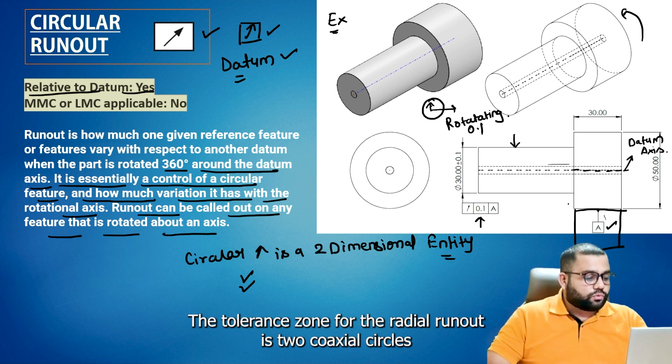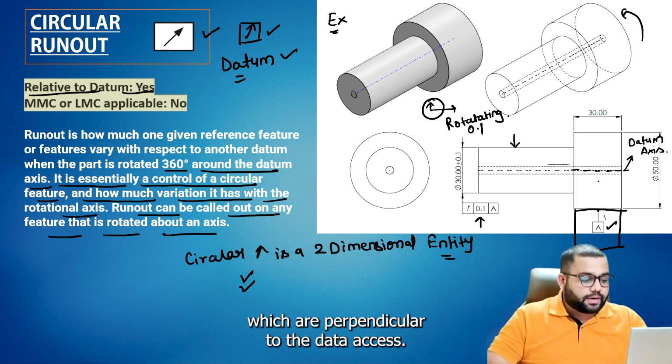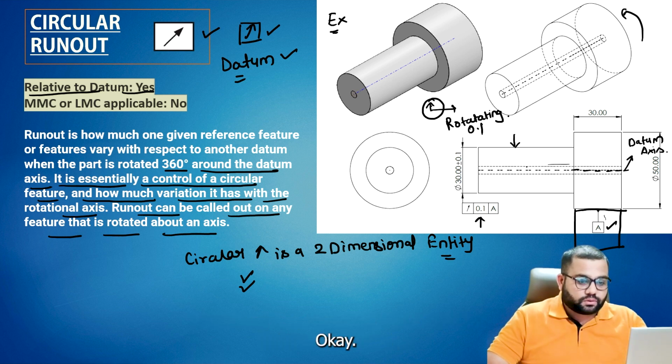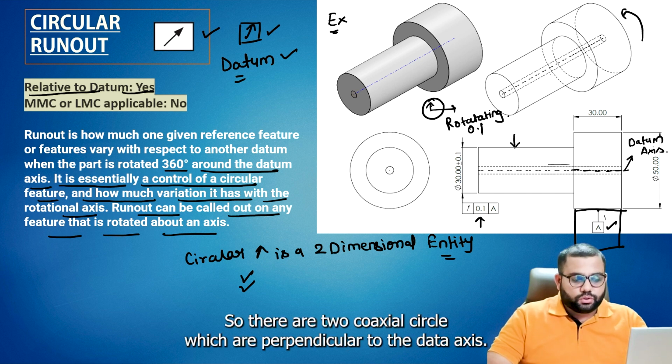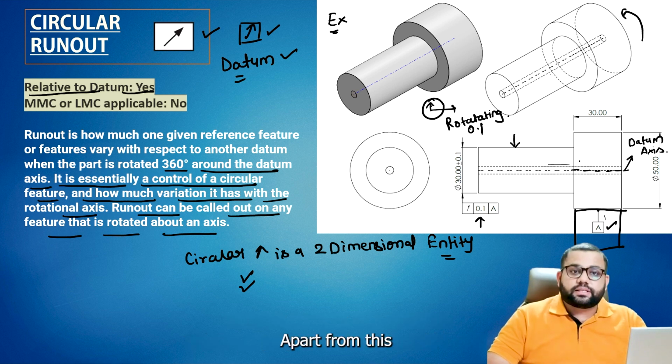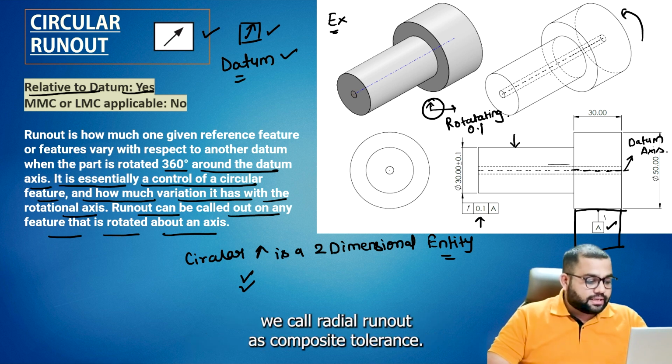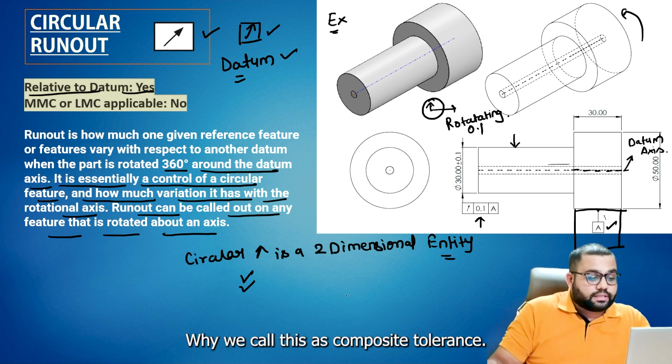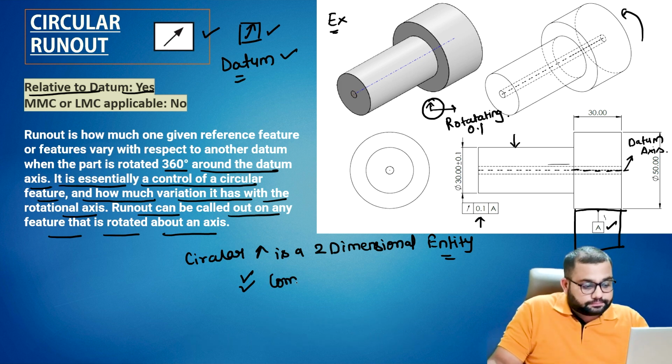The tolerance zone for the radial runout is two coaxial circles which are perpendicular to the datum axis. Apart from this, we call radial runout a composite tolerance.